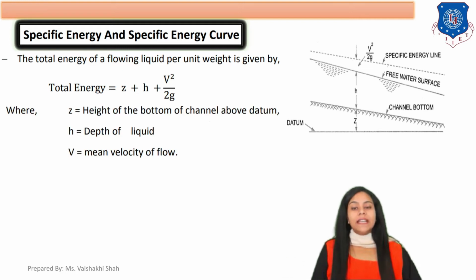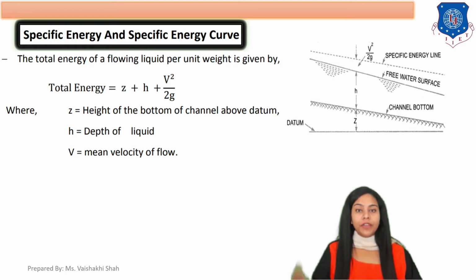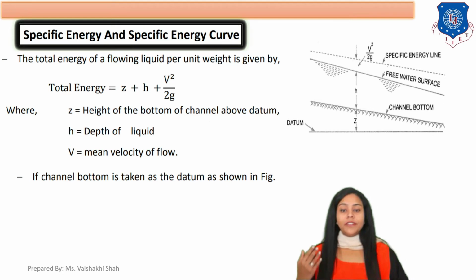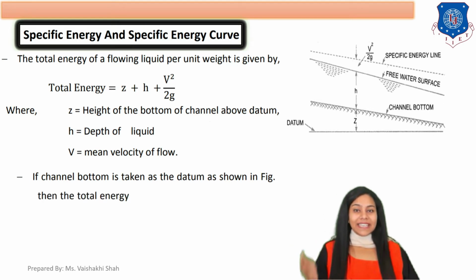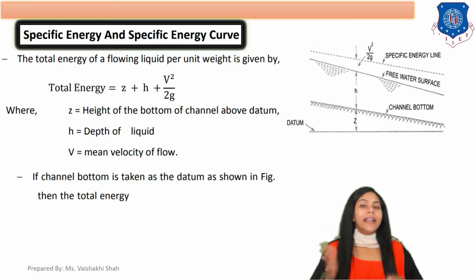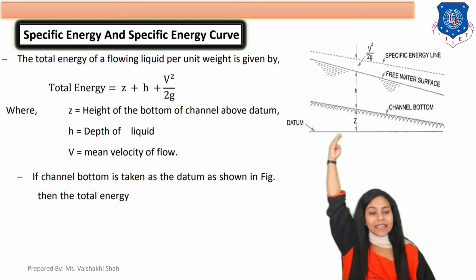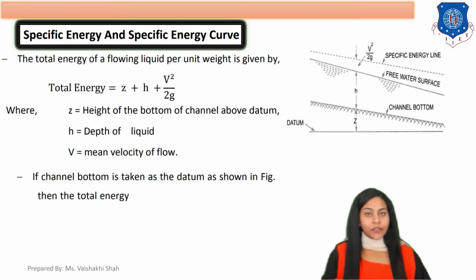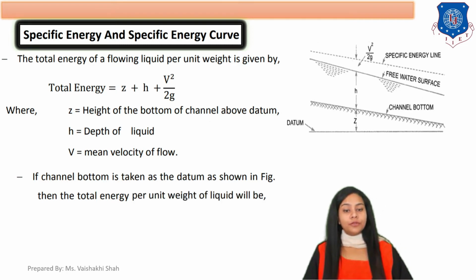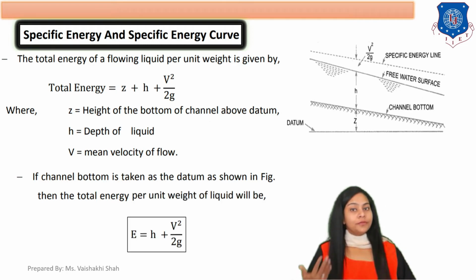Now Z is the height of the bottom of the channel above datum, H is the depth of the liquid, and V is the velocity of the flow in V square by 2g. Now consider if the bottom of the channel is taken as datum, then Z equals 0.